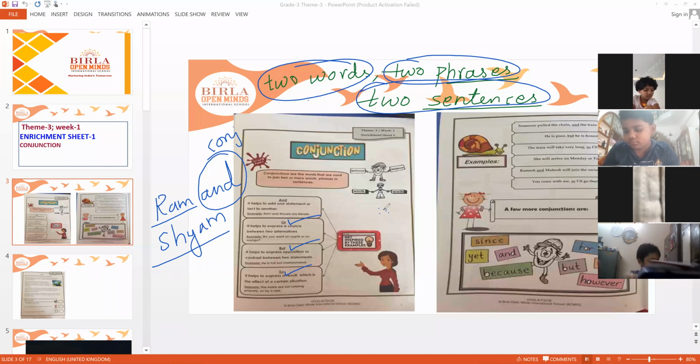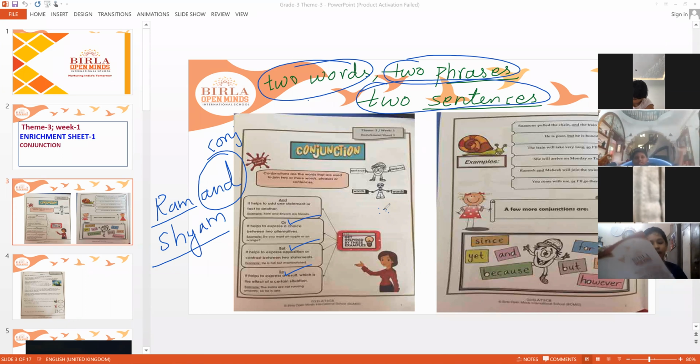He is poor, but he is honest. See, completely different sentences. The opposite sentences we are joining with the help of "but". We are using one conjunction, "but", to join these two different sentences.